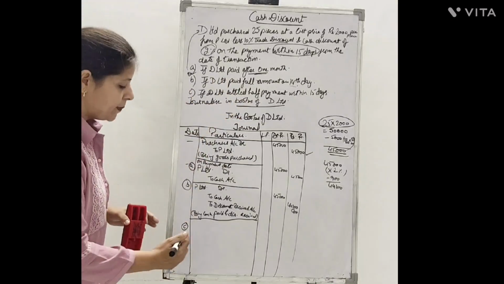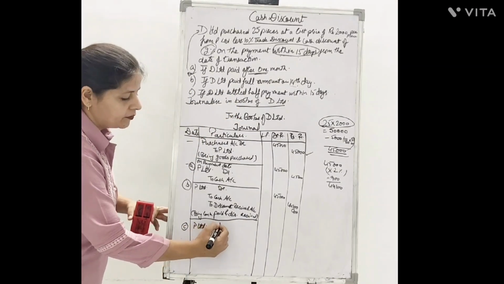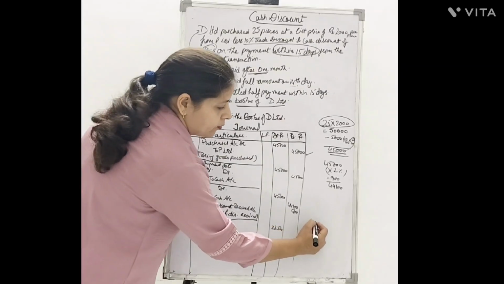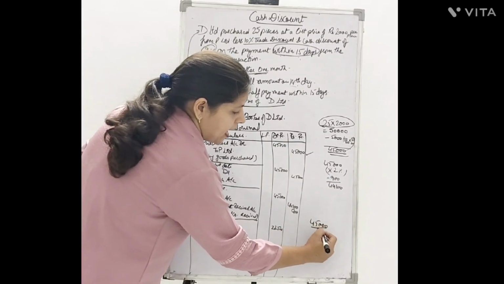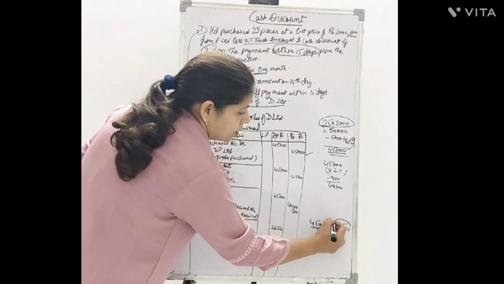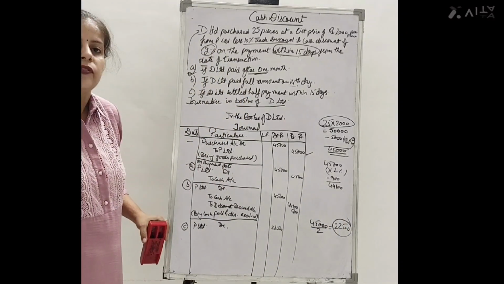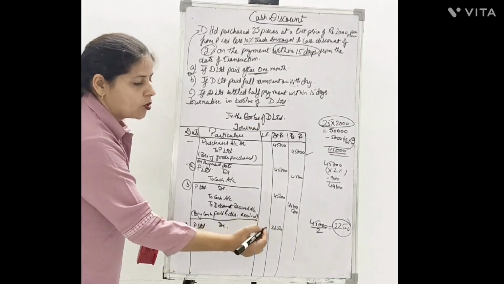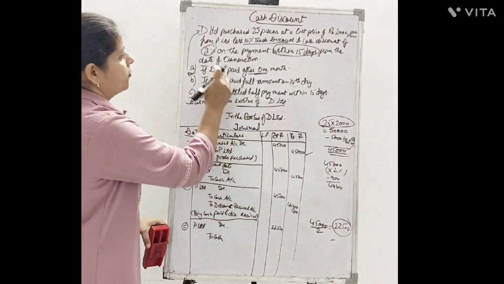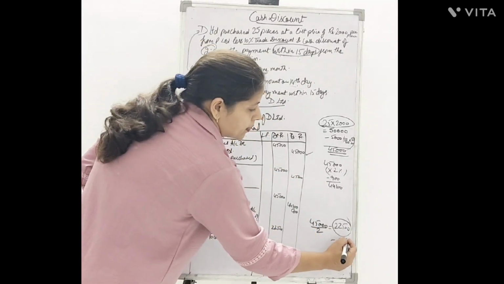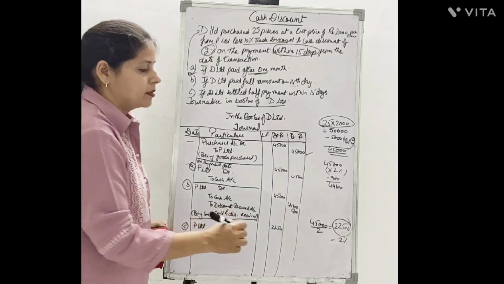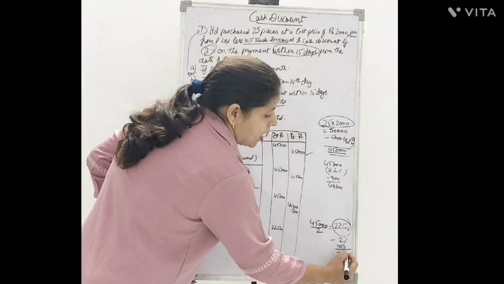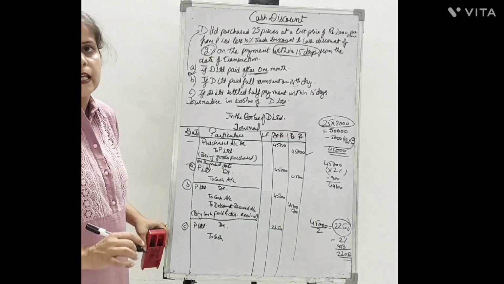That means P Limited received half of 45,000, which is 22,500, within 15 days. Now this half amount will receive a discount of 2%. When we multiply 22,500 by 2%, we get rupees 450. So there is a discount of rupees 450 here.